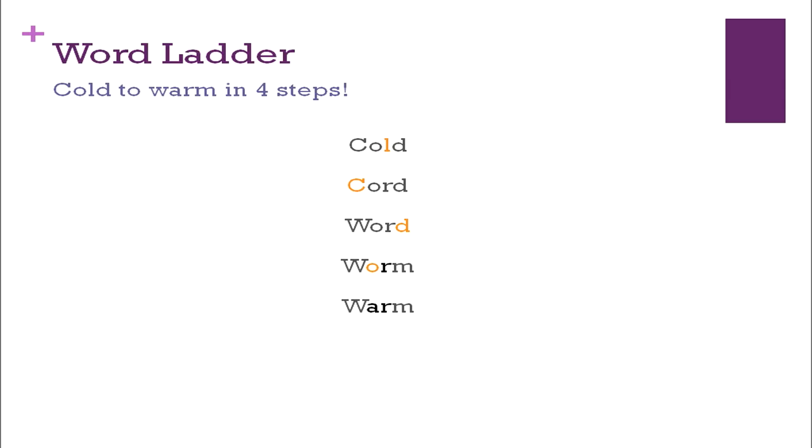By changing A into O, it becomes worm. Then by changing M into D, it becomes word. Then by changing W into C, it becomes cord. And then finally, R has been changed into L and it has become cold. So, from warm to cold. You can play such a game with other words.